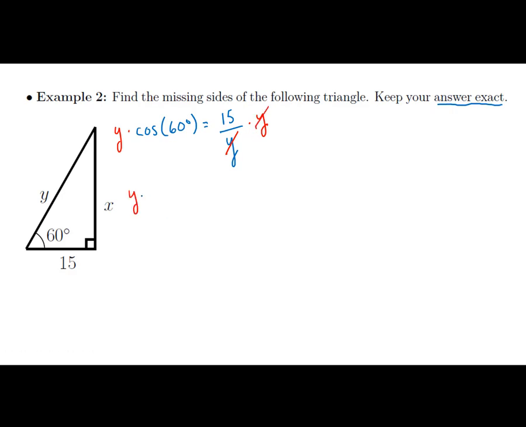So y times the cosine of 60 degrees is equal to 15. And of course we know the cosine of 60 degrees is just a number. So we divide by it on both sides. And so that gives us our y value.